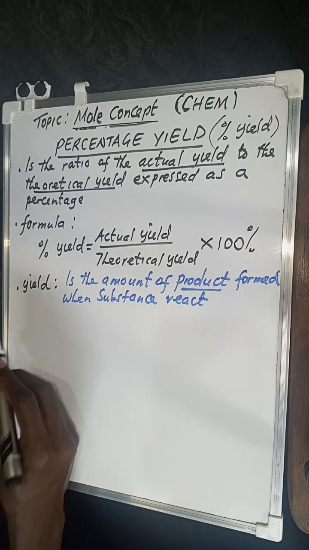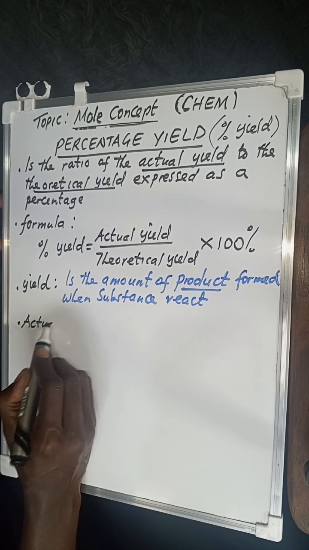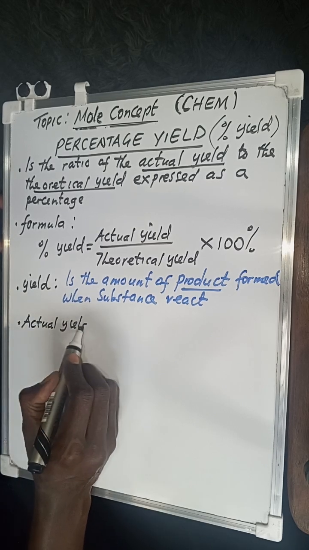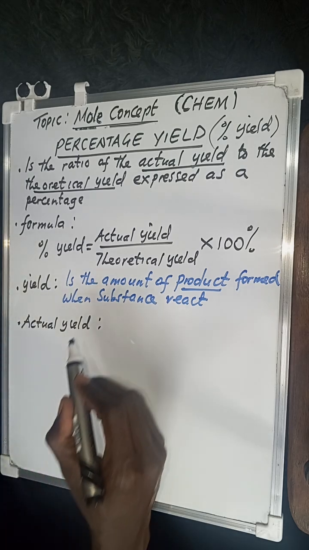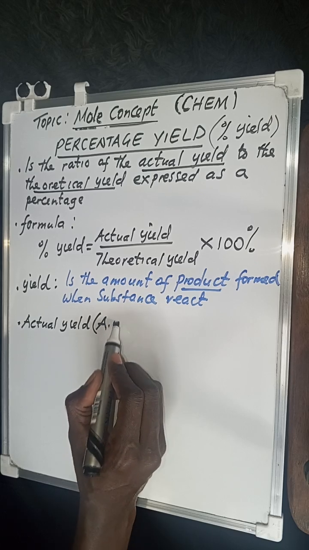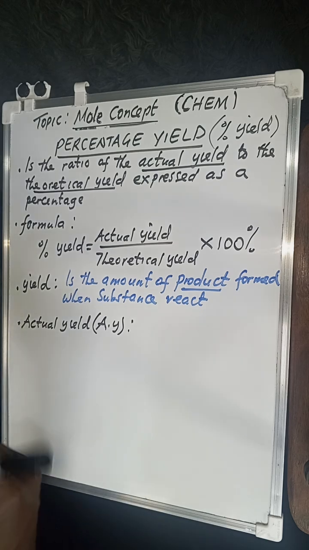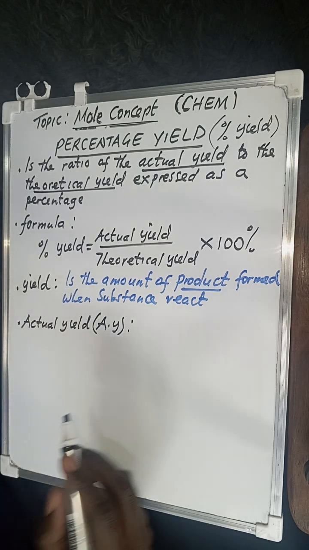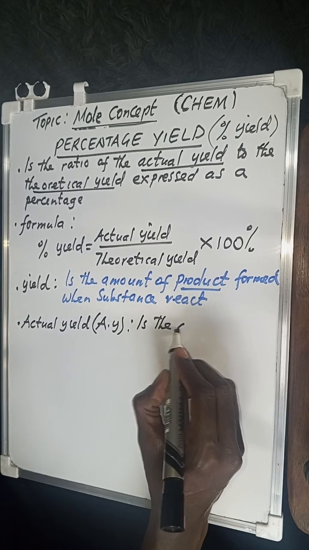But what then are we talking about when we say actual yield? What is actual yield? Well, sometimes when I'm finding solutions, I love to call it AY, but of course you should write the complete word. So actual yield is simply the amount of product obtained at the end of a chemical reaction.